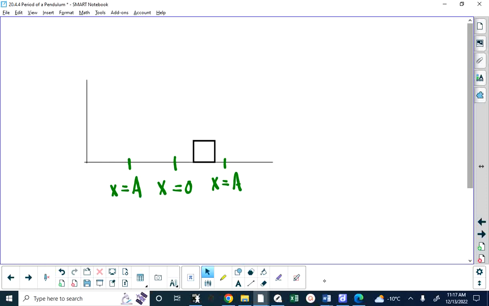Gravity right now is pulling downward. And the direction that the pendulum is moving at this point in time is this direction, the direction that my pen is pointing. And when the pendulum is here, the direction it's moving is the direction the pen is pointing. And here it's moving in that direction. And here it's moving in this direction.